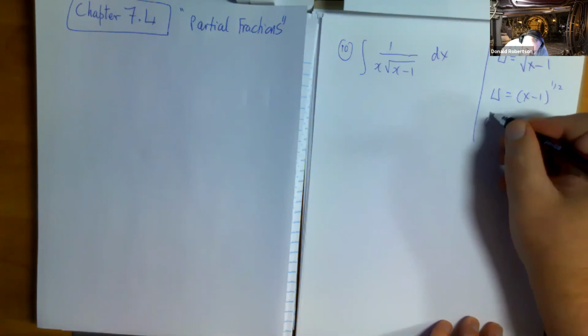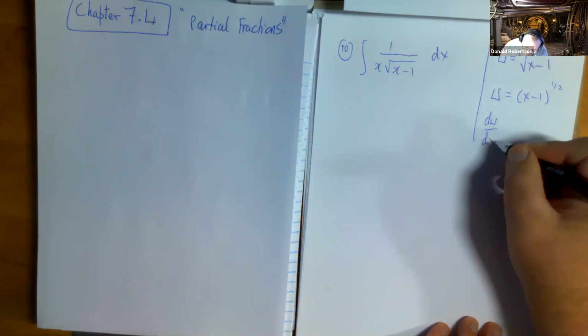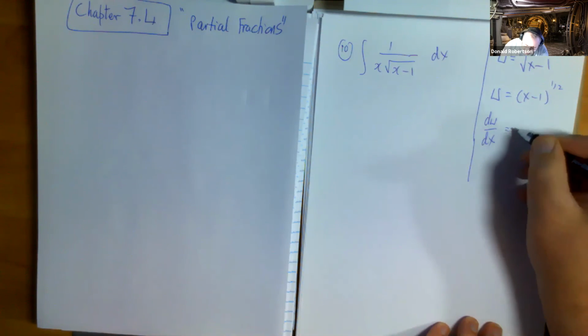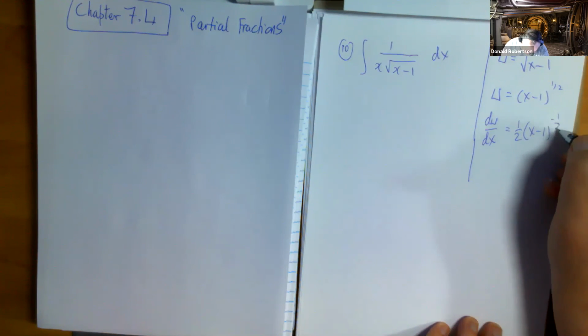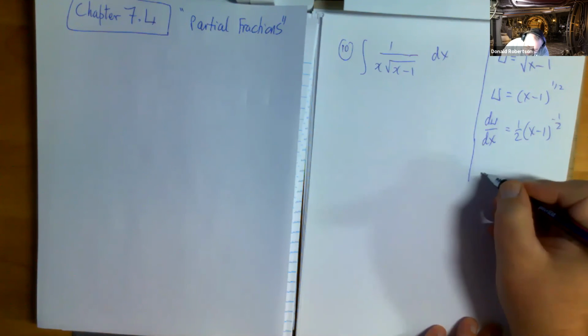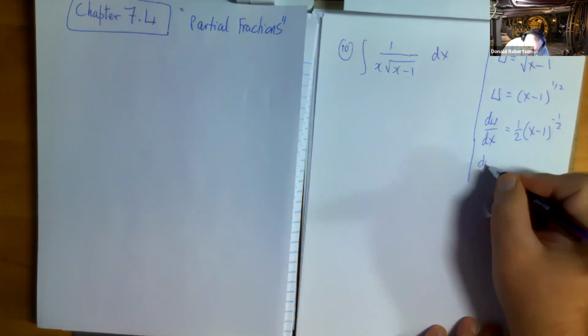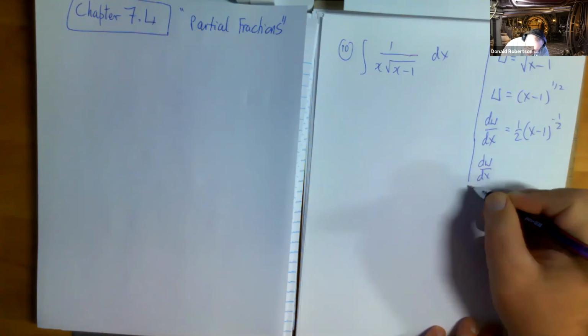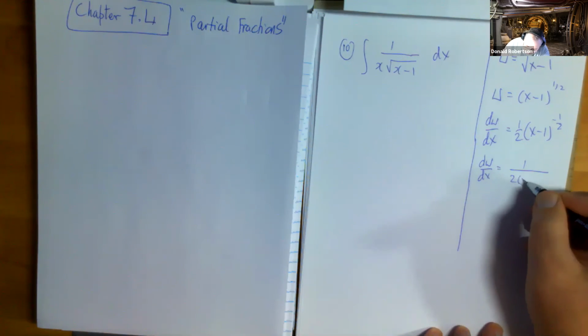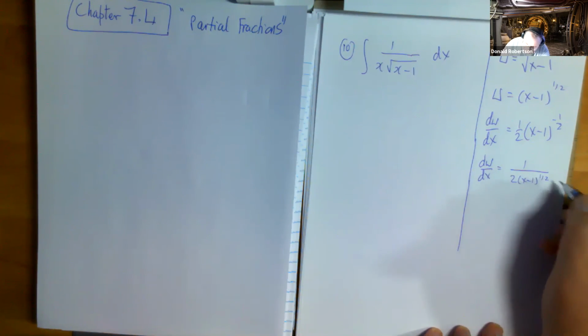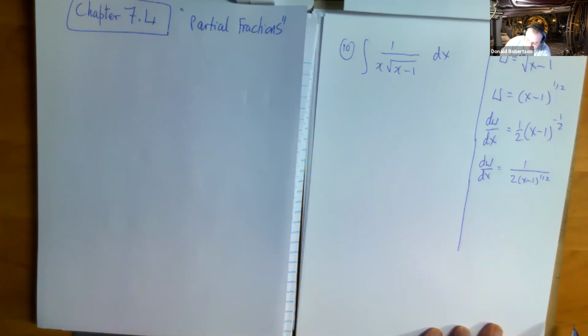And now I'm going to differentiate with respect to x. And that's a power rule. Multiply by the power, reduce it by 1. And now I'm going to spend a few lines that I normally wouldn't, but this is a special case. Would you agree it's that guy?